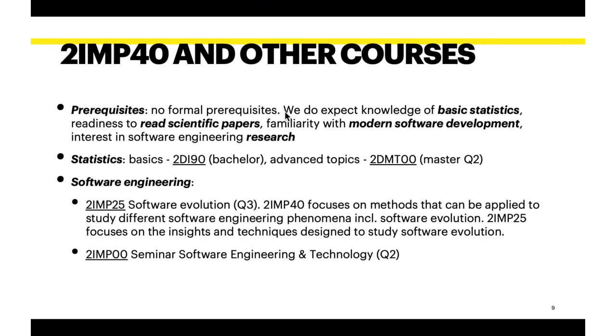From the software engineering perspective, there are two courses which I need to mention. One of them is 2IMP25, Software Evolution, which is a course I used to teach for many years, but starting from this academic year, Eleni Konstantinou has taken it over. So this will be a revamped version. The course is offered in Q3, and it is related to IMP40 in a sense that both of the courses are grounded in the empirical software engineering field of research.